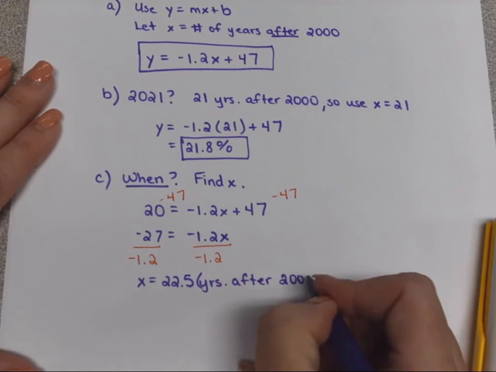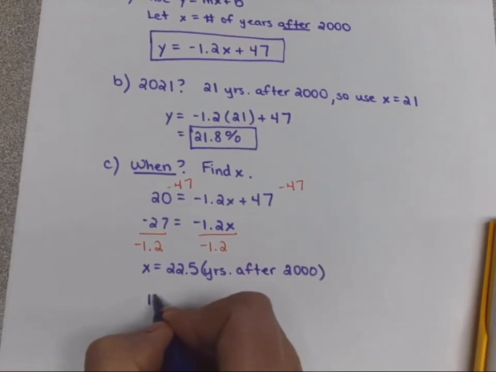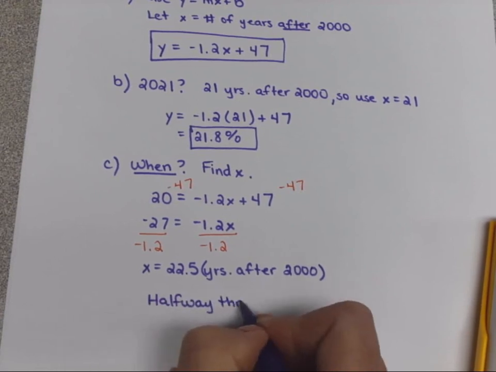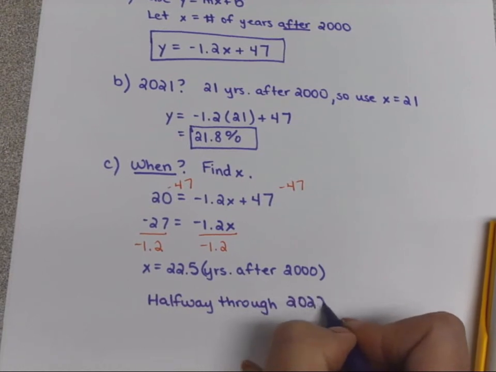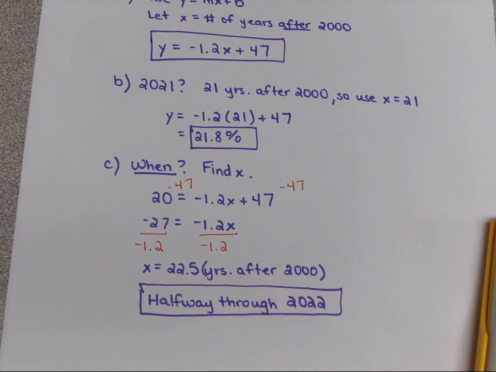So how would I write the year then? It's going to be about halfway through 2022, right? We wouldn't ever write the year as 22.5, but we can talk about that as halfway.